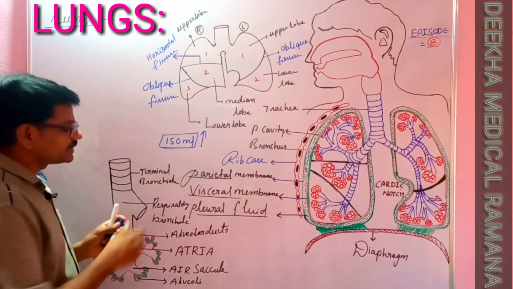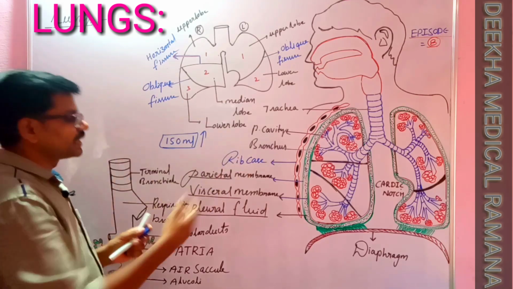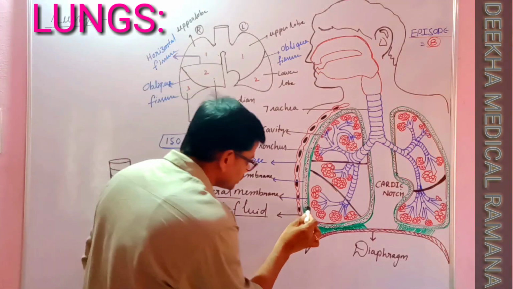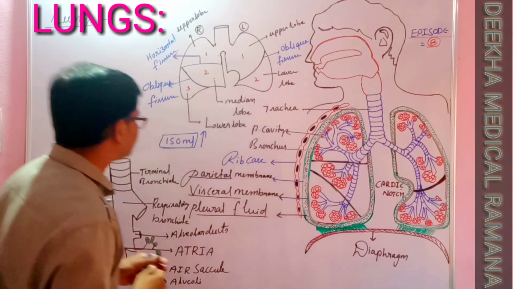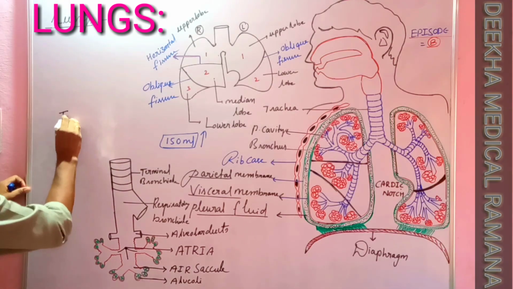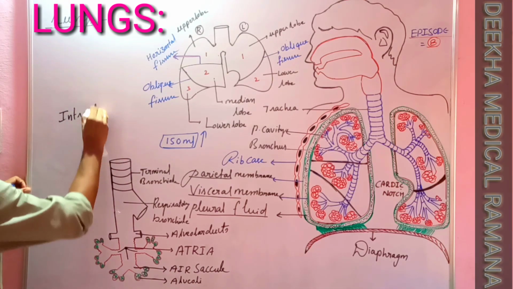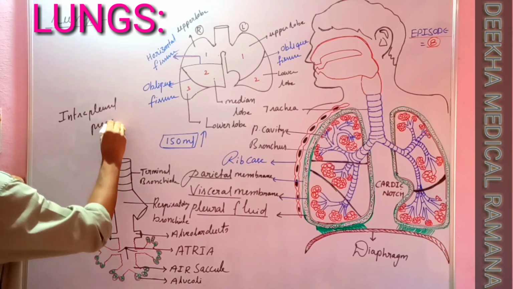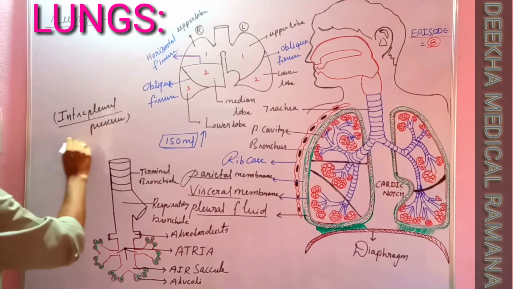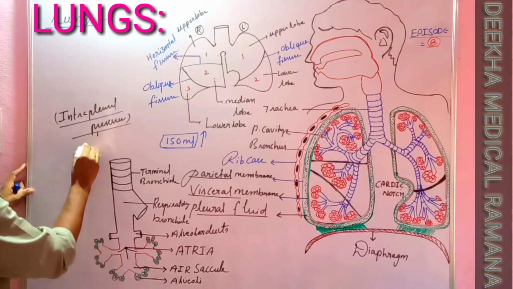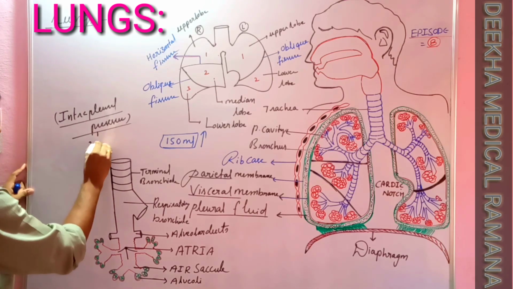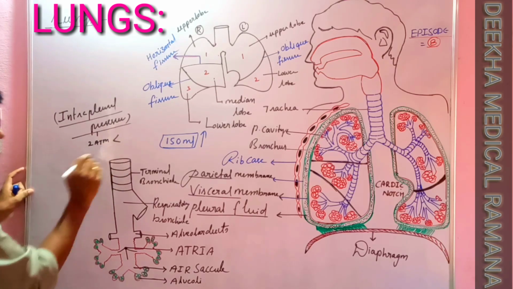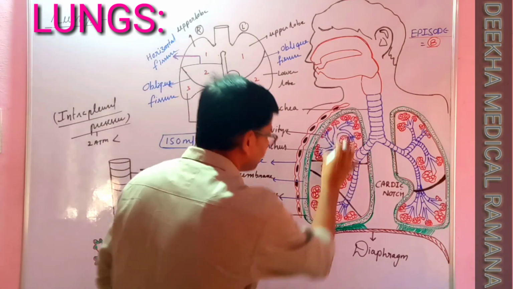Dyspnea is a condition that occurs whenever the pleural fluid increases, because the fluid present between the membranes creates a pressure called intrapleural pressure, right? This intrapleural pressure is always lesser than the pulmonary pressure.